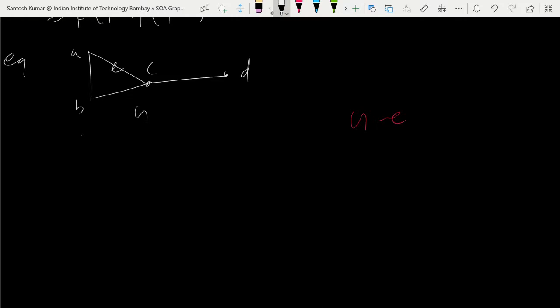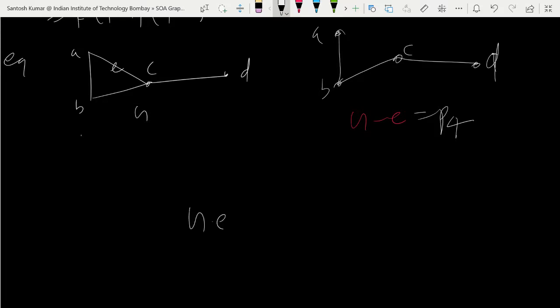It's this, this, and this. If you remove that edge, A, B, C, D, you can see this is nothing but P4, right? And if you find G dot E, you will shrink the AC into 1 point, and B is here, so that will be there. Fine, it is going to be P3.